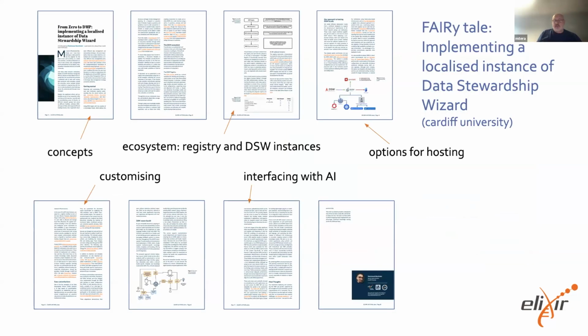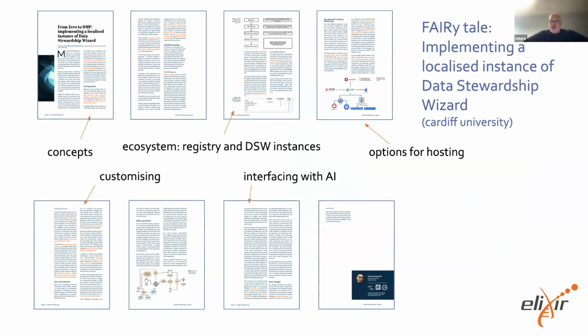So the first fairy tale, I've just done some screenshots here. It's 8 pages and details concepts, the ecosystem with the registry, which is a centralized repository of DMP templates, and how you can pull these onto your own DSW instance.